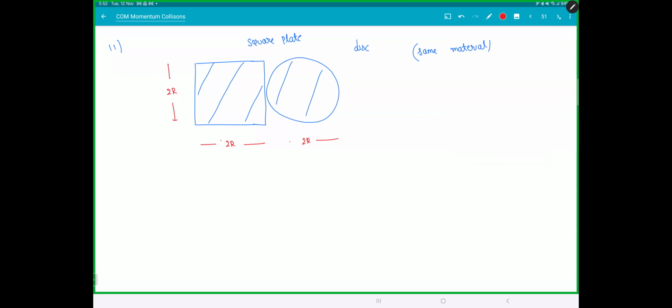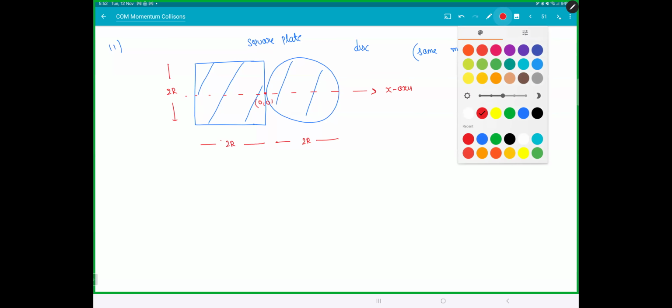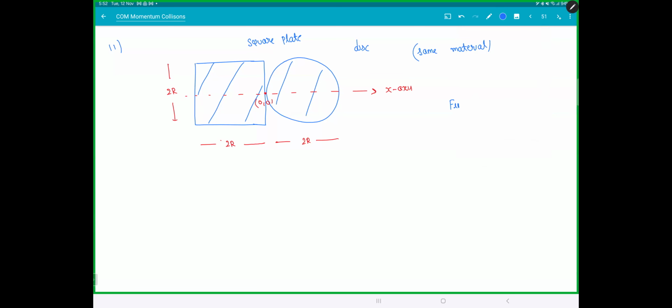So basically the diameter is 2r. This point is your origin 0 comma 0. This is your x-axis. Find the center of mass. So a square plate and a disk are touching each other. The point of contact is your origin. Both are made of same material. The radius of the disk is r, the side of the square plate is 2r. Using this info, find the center of mass.